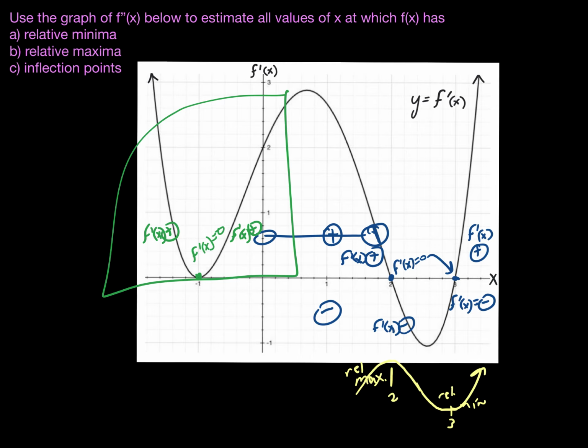So what might happen is this, you might have positive slopes, and then you have a 0 here at -1, and then it continues positive. And so we have a relative min when x equals 3, and we have a relative max when x equals 2.